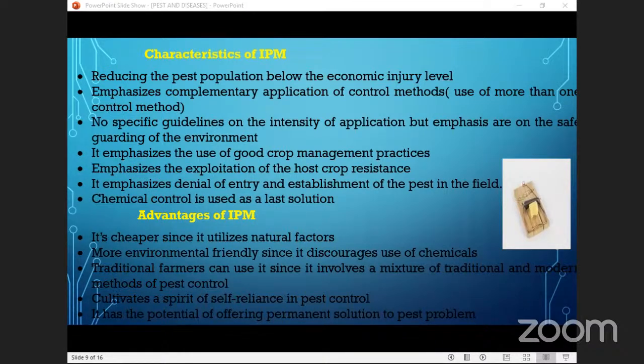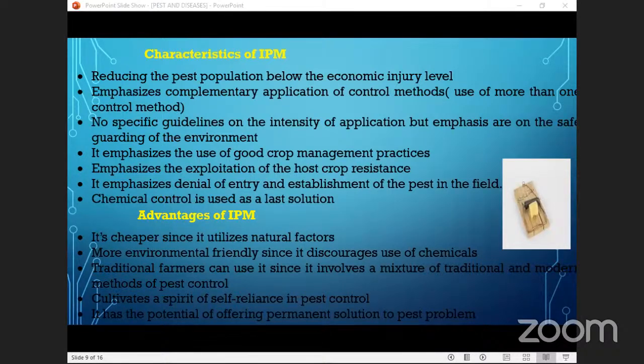It emphasizes the use of good crop management practices. Emphasizes the exploitation of the host crop resistance. It emphasizes denial of entry and establishment of pests in the field. Chemical control is used as a last solution.